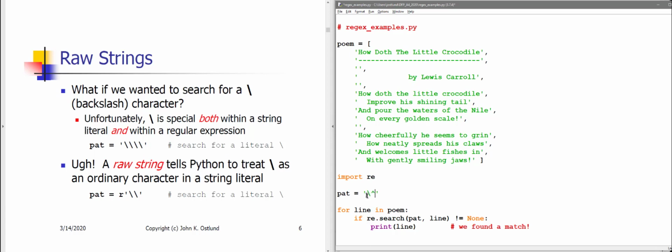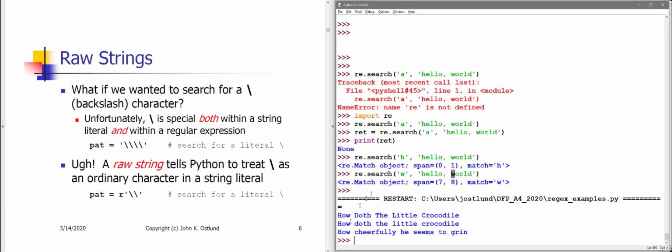Actually, the situation is not quite that easy, because recall that backslashes are used for other purposes as well in strings in Python. For example, if I say s gets "hello \n world \t howdy". All right, that's dumb, I agree.